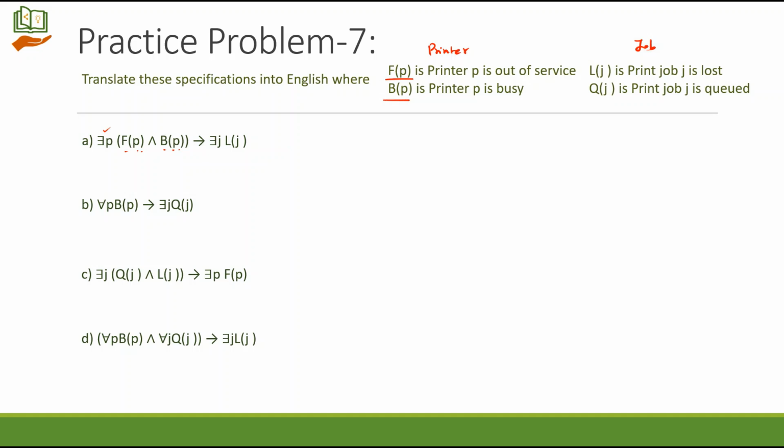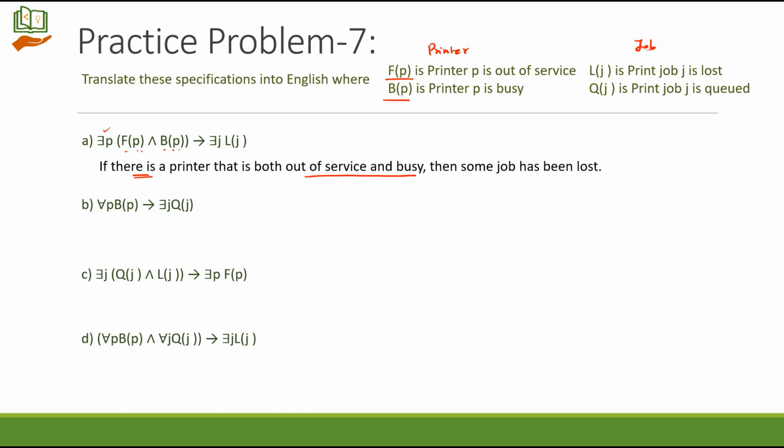Implies means you have to change it to a conditional statement. So there is a job lost. That's what we have to conclude here. So making it into an English statement, we can take it as: if there is a printer that is both out of service and busy, then some job has been lost. So here it is there is a printer, here it is some job, both are denoting the existential quantifier.